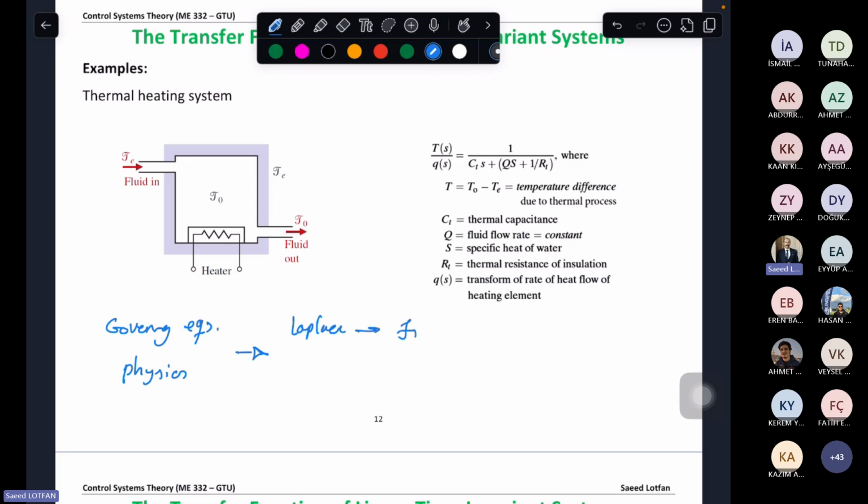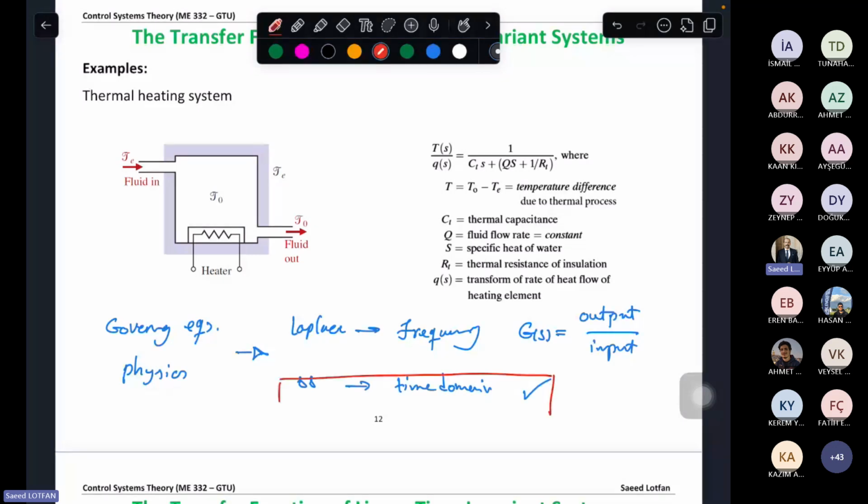We go to the frequency domain and we have the transfer function G(s) as the output to input relationship, and also we have in time domain the steady state representation, so that we will discuss this next in the upcoming weeks.